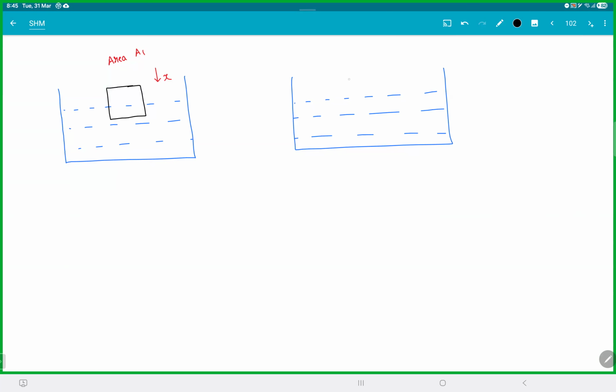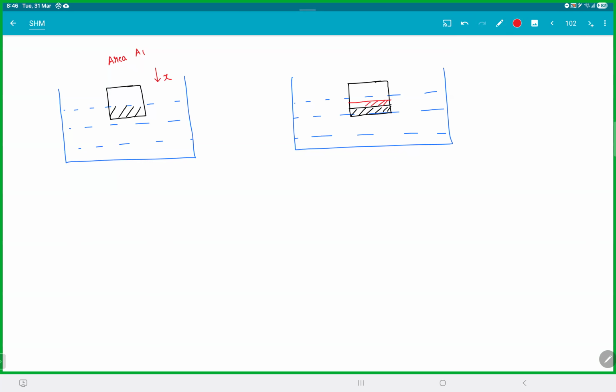You look at it from the block's perspective. So one, you went inside by x. Let me just draw a little deeper. This was the initial volume, okay? Then you pushed it inside by x.